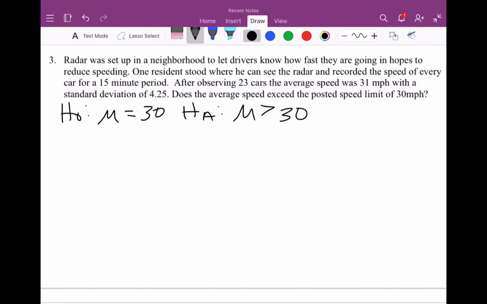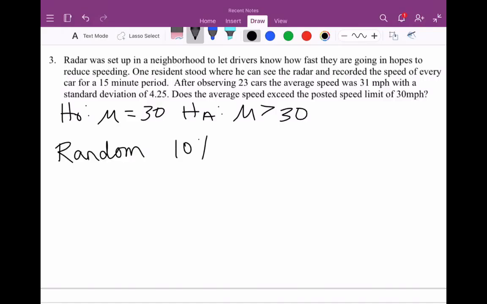Then we have to check our assumptions and conditions. I'm not going to write them, I'm just going to explain them, but I will list them. So again, we have random. There's no reason to believe that the order that the cars are going through that portion of the neighborhood is not random, and no reason to believe that one car driving is not independent from the other car.